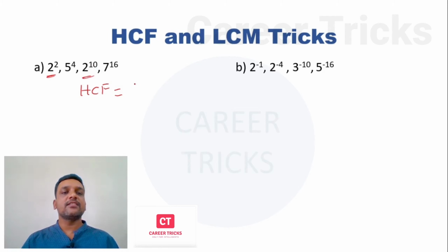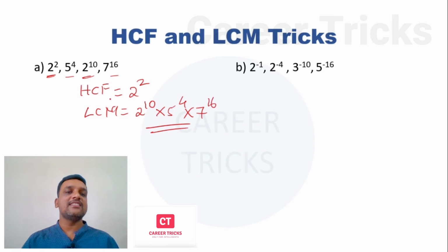We can take 2 to the power of 2 as the HCF. Then for the LCM, I will go with 2 to the power of 10 because that will be the highest compared to 2 to the power of 2, and 5 to the power of 4 into 7 to the power of 16. This will be the answer for the LCM.